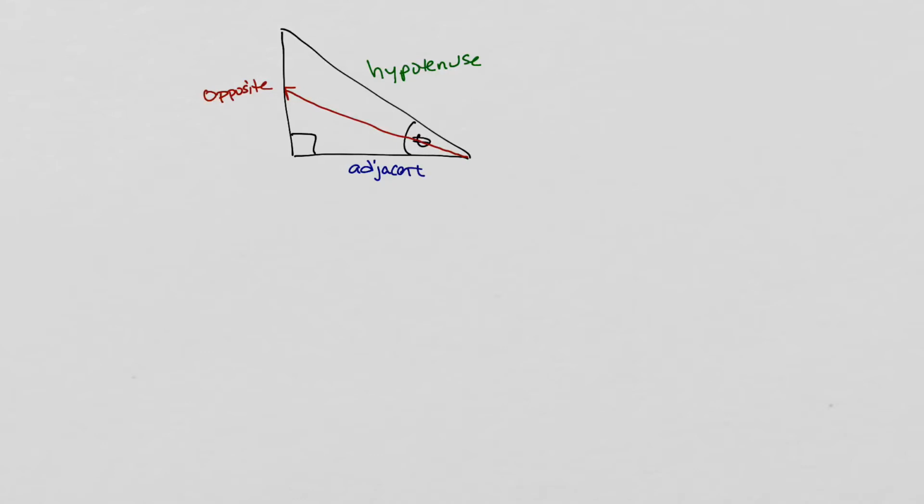Okay? So let's go back to this right triangle again. And here's my angle theta. Let me put these labels back on here. So there's the opposite side, the hypotenuse, and the adjacent side.